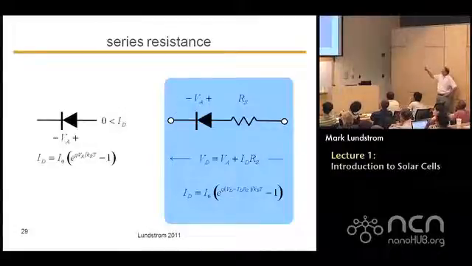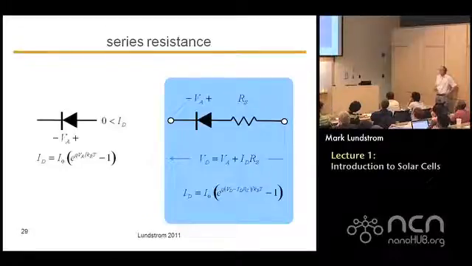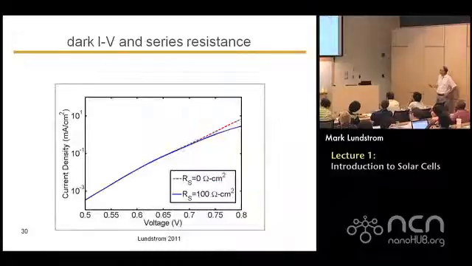That means when current flows, some voltage is lost across that series resistance, and the actual voltage applied across the junction, V sub A, will be less than the voltage that you apply across the terminals of the diode. And as you get higher and higher in current, you'll lose more and more of that voltage in the series resistance. And that's what causes things to roll off.